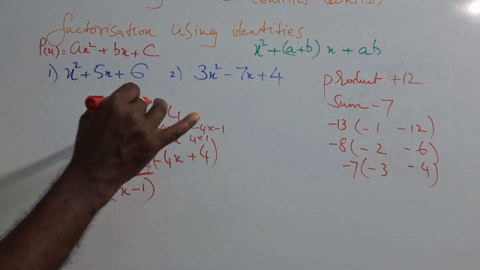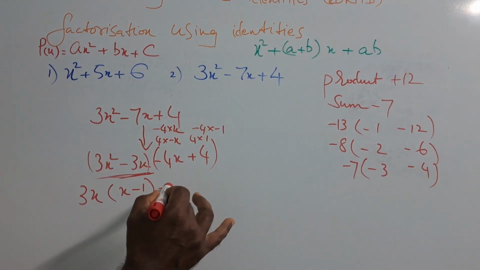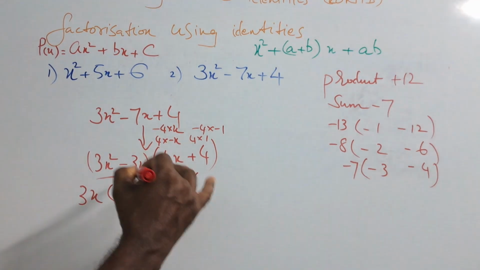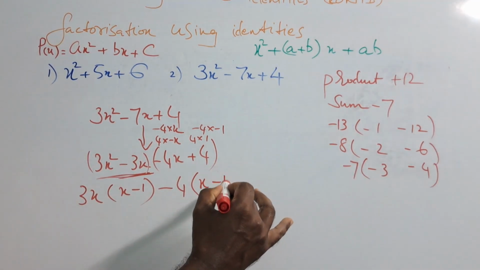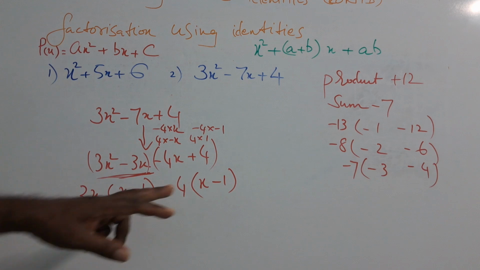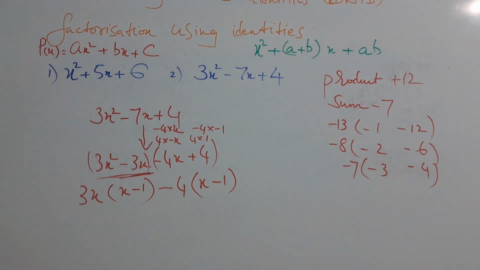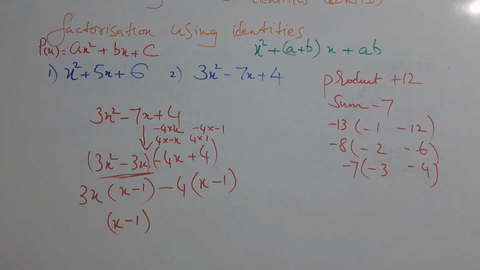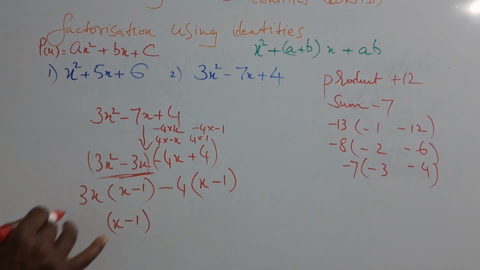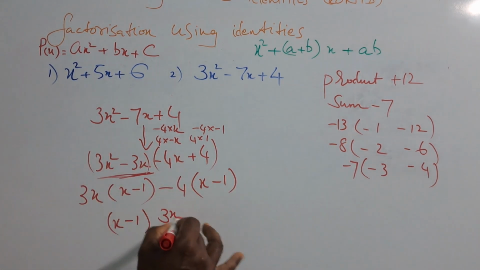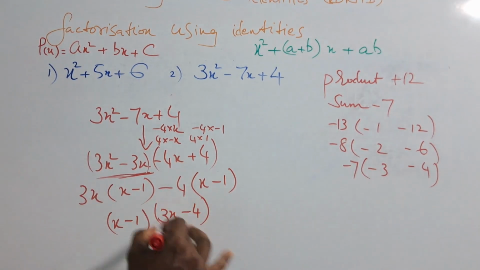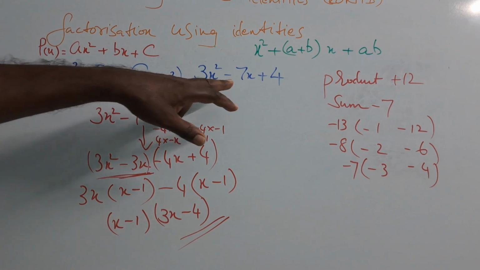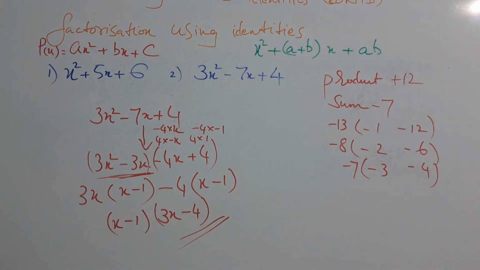Therefore, the common factor minus 4 is to be moved out of the bracket, leaving x minus 1. Now we have x minus 1 in the two terms. The common factor x minus 1 is taken out. The remaining is 3x here, minus 4. When you multiply these two terms, you get this as the answer.